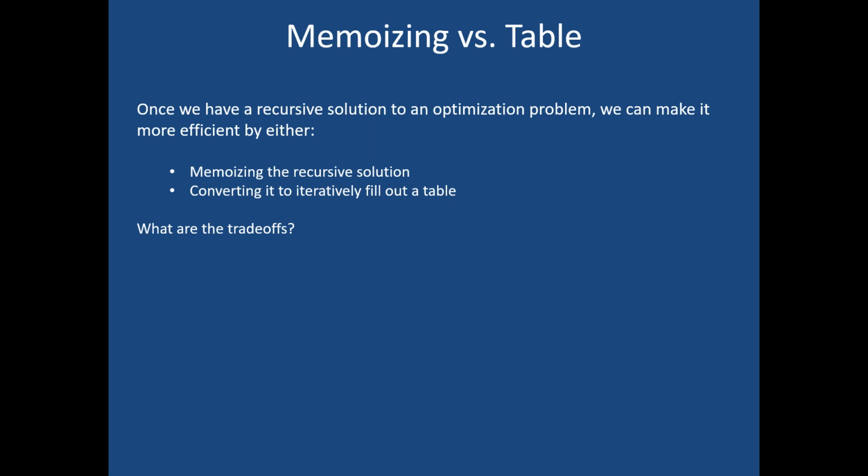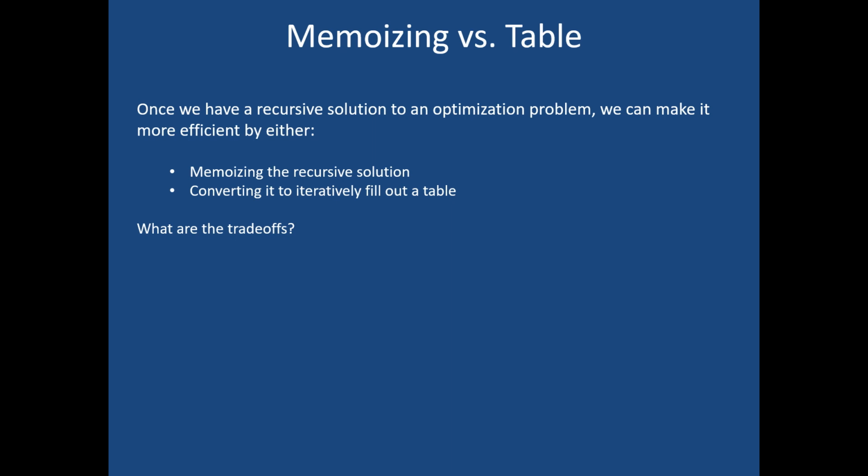I want to just make a few final comments about dynamic programming, and then we'll return to linear programming. Now, I've mentioned all along that when you come up with a recursive solution and you find that it's too slow, but that you can speed it up using dynamic programming techniques, you've got two choices. You can either memoize a recursive solution.